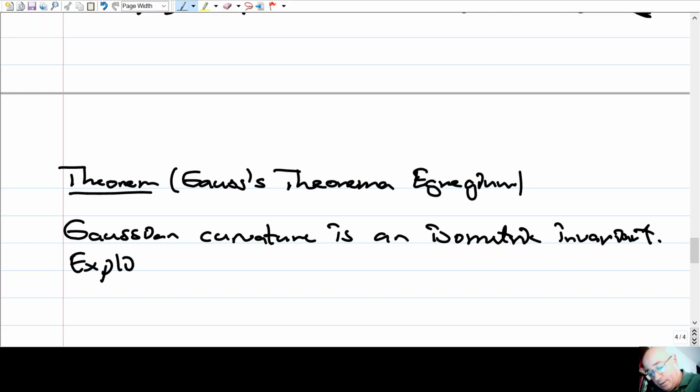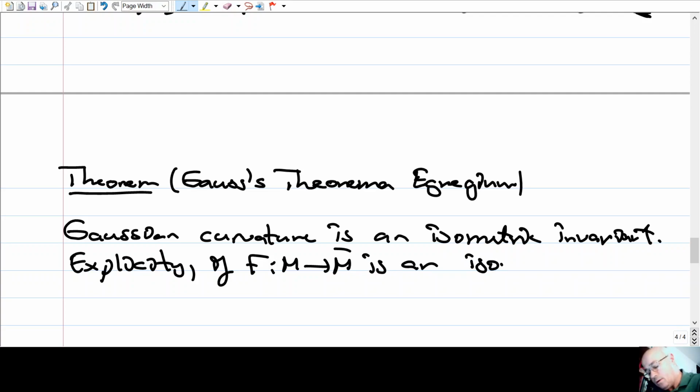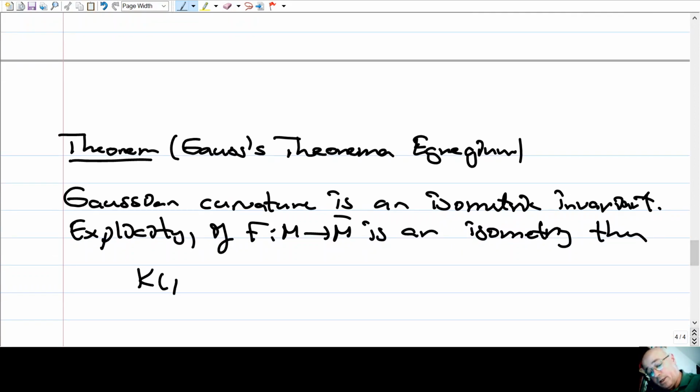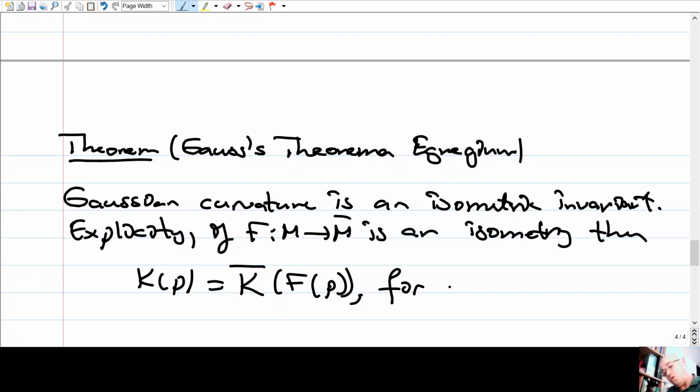Explicitly, if f: M → M bar is an isometry, then the Gaussian curvature at any point of M is equal to the Gaussian curvature of the surface M bar at the image of that point. This is true for all p in M.